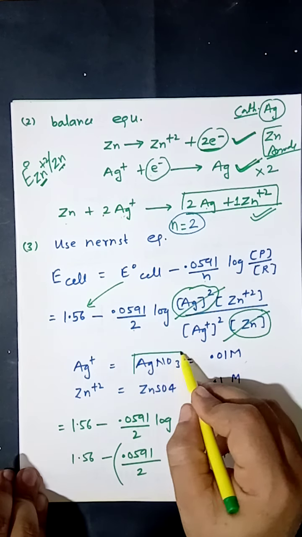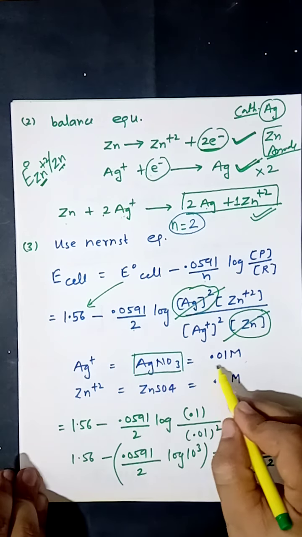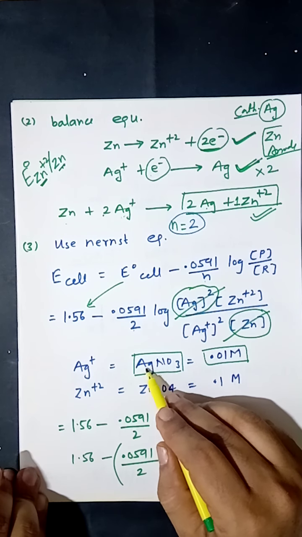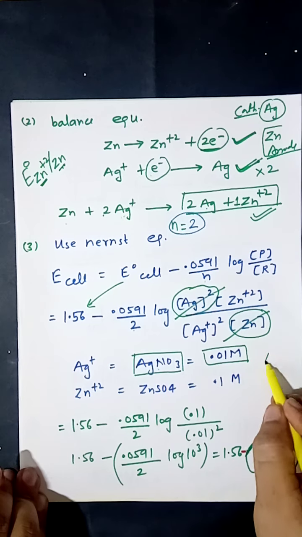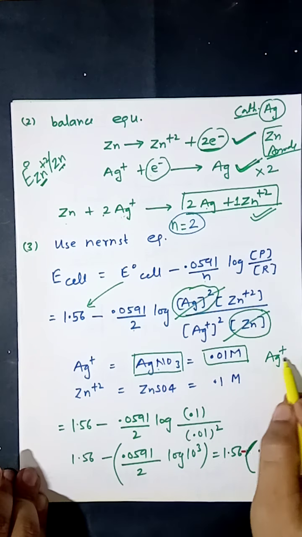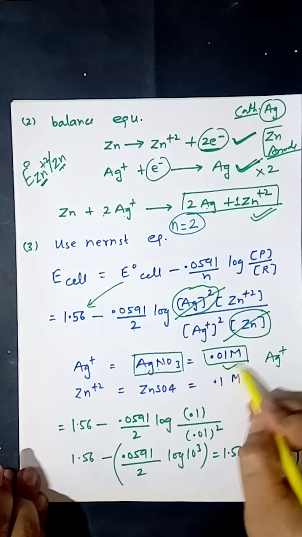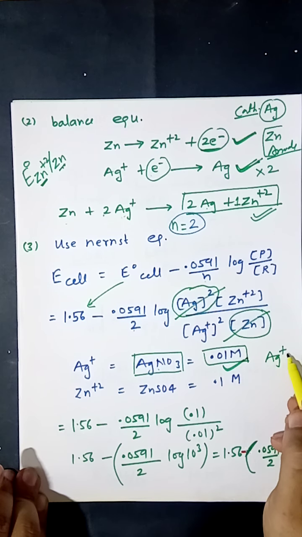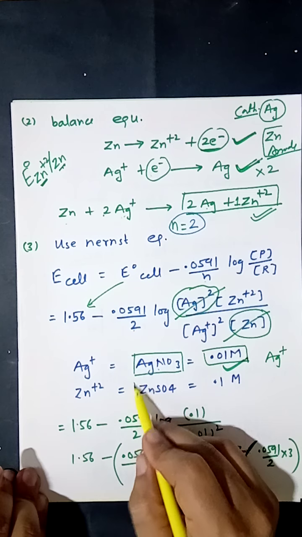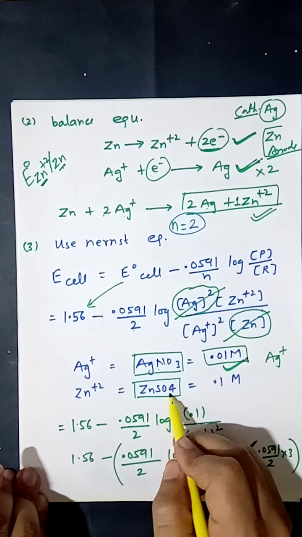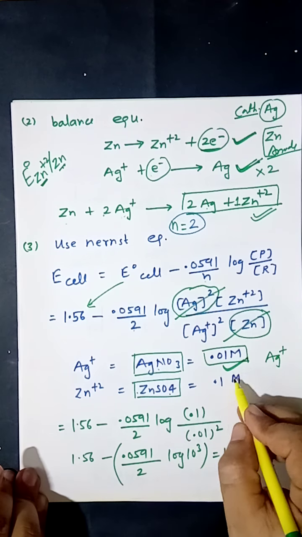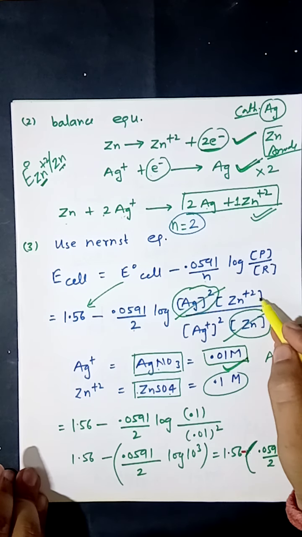In the question it is given that the concentration of AgNO3 is 0.01, and when it dissociates it will give silver. The ratio between silver nitrate and silver should be 1:1. So whatever the concentration of AgNO3, the same will be the concentration of Ag+. Similarly, whatever the concentration of zinc sulfate, the same will be the concentration of zinc. So place these concentrations here.